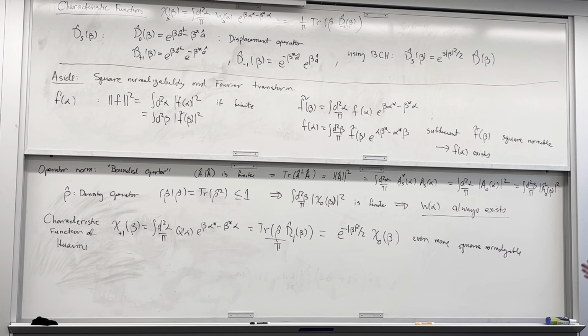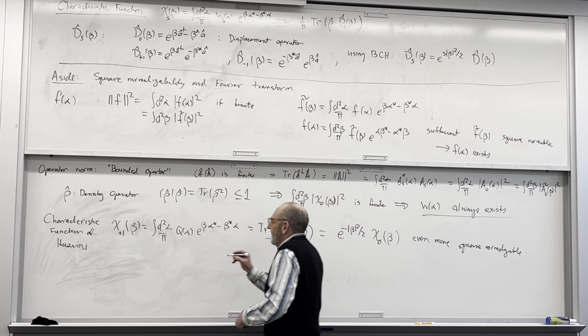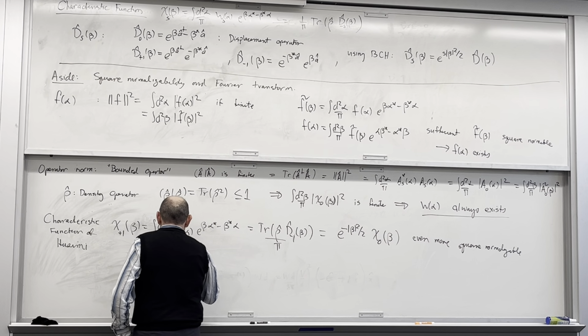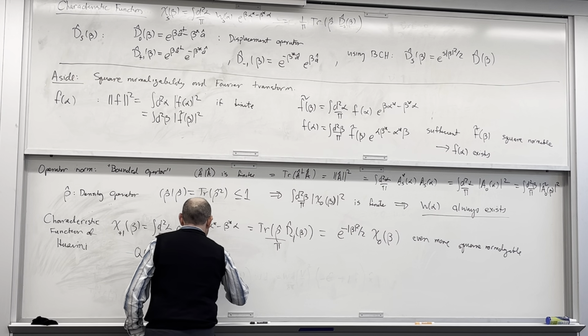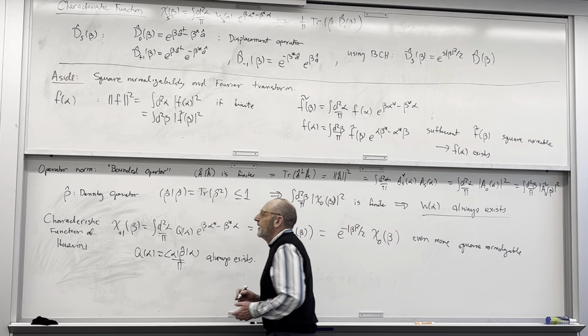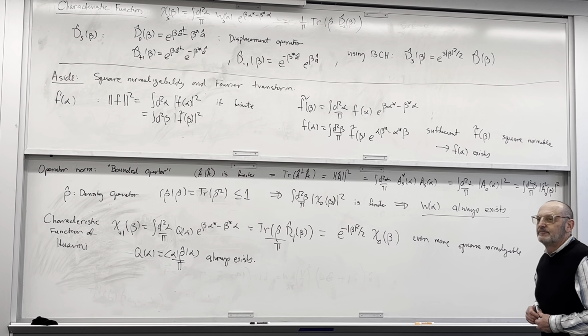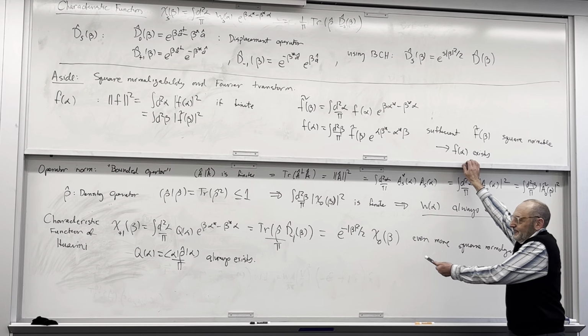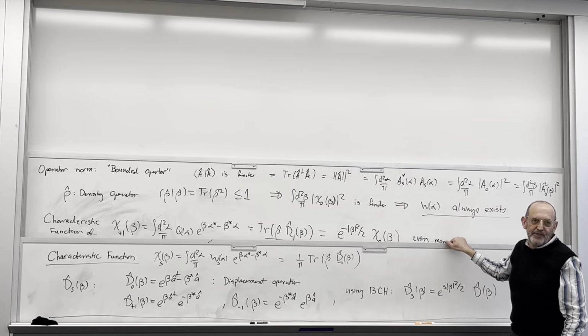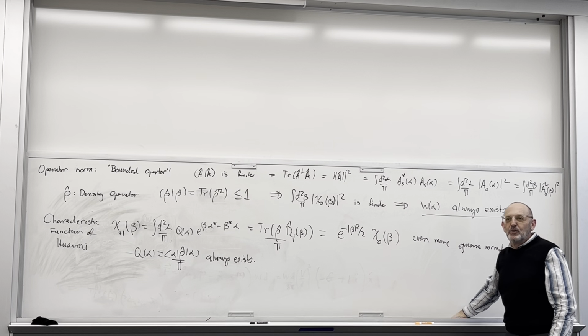And that was clear because the Q function is this, and that clearly always exists, right? No matter what rho is. So that's all self-consistent with all these Fourier transform hoo-ha.